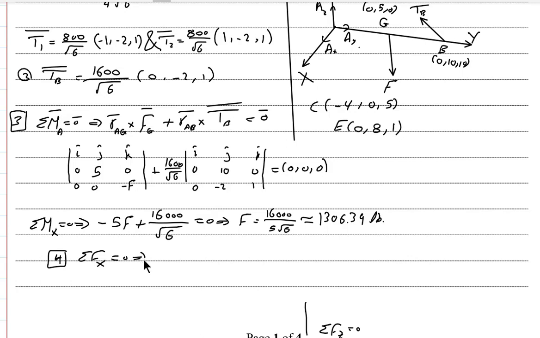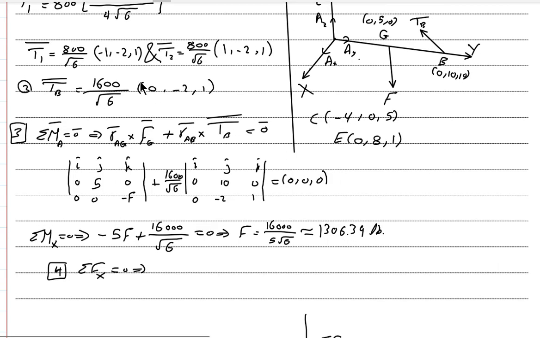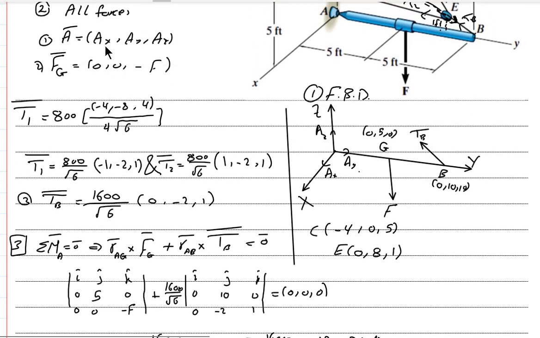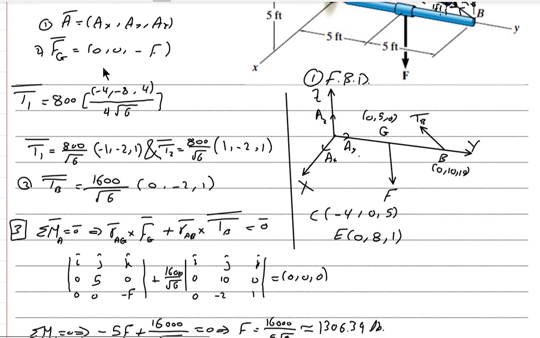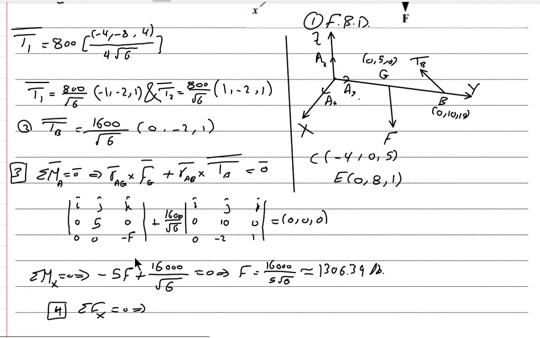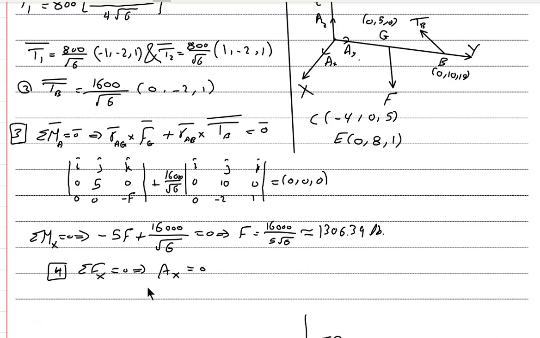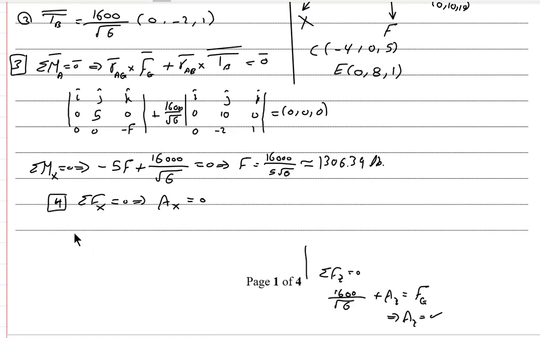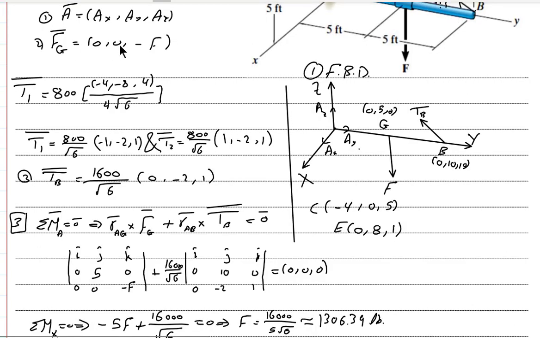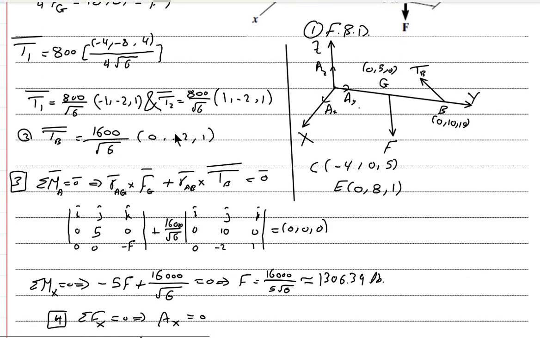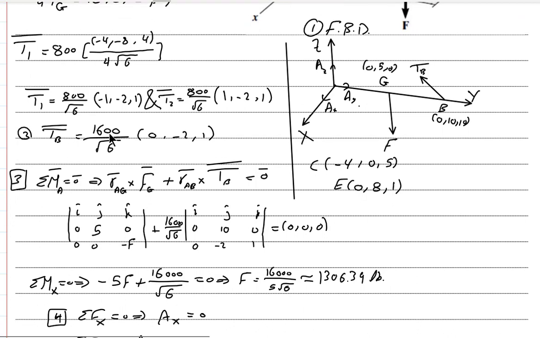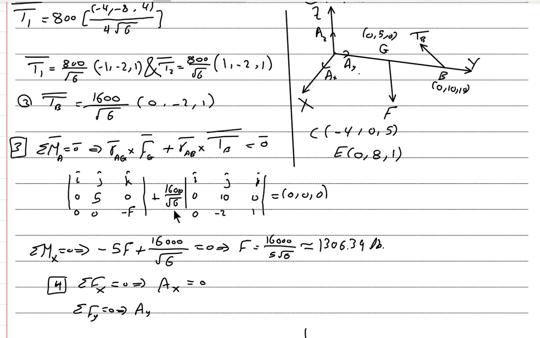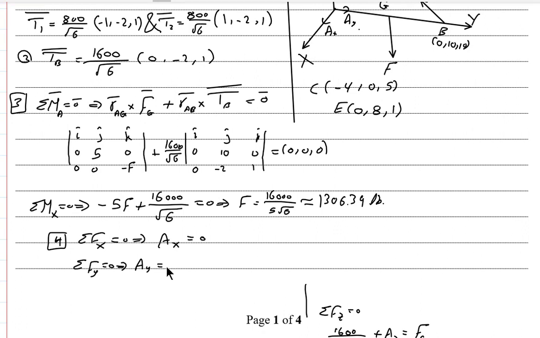After that, we can apply in the fourth part sigma Fx equals 0 to get Ax. We should collect all the x components of all forces. We have here Ax, but we have here 0, and also in TB 0, so Ax should be 0. From sigma Fy equals 0, we can write Ay, and then 0 in the FG force, but we have here minus 2 times 1600 over root 6 equals 0, which means that Ay is equal to 3200 over root 6 pounds.